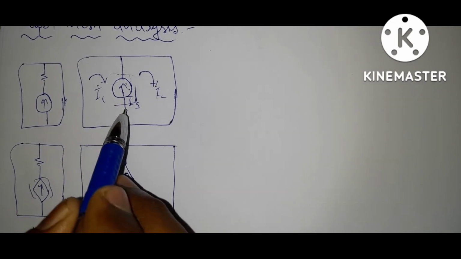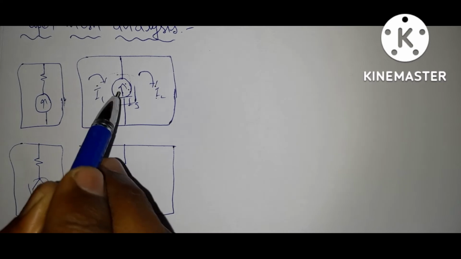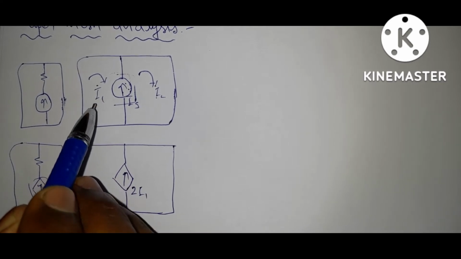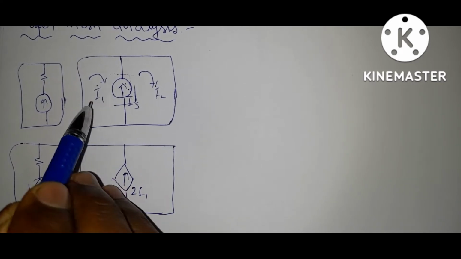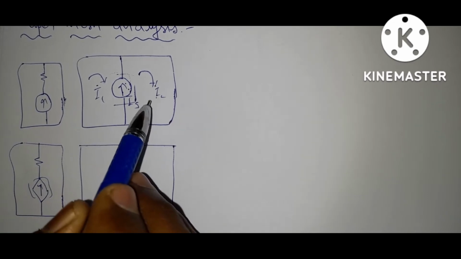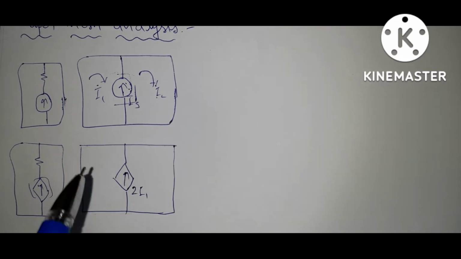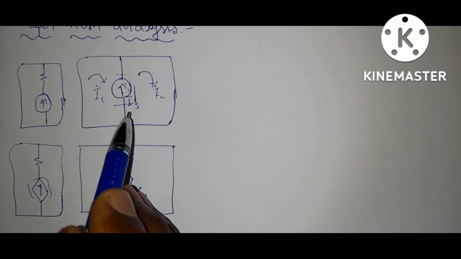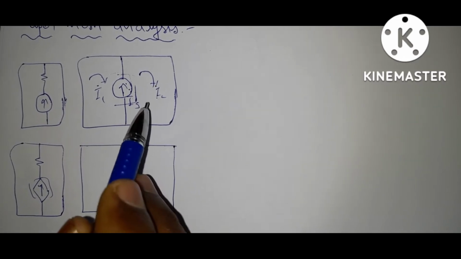Same as the supernode technique, first open the ideal current source, then write the mesh equations for I1 and I2 combinedly, then apply KCL. Then solve the linear equations, and we will get the unknown elements.